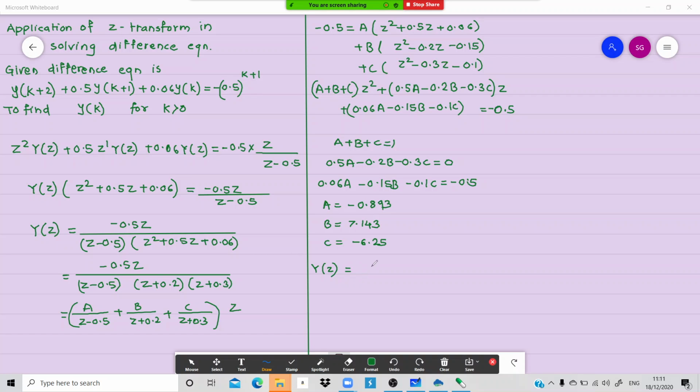So you are going to have the value of A, minus 0.893 upon z minus 0.5, plus the value of B you got, 7.143 upon z plus 0.2, and plus minus 6.25 z upon z plus 0.3.